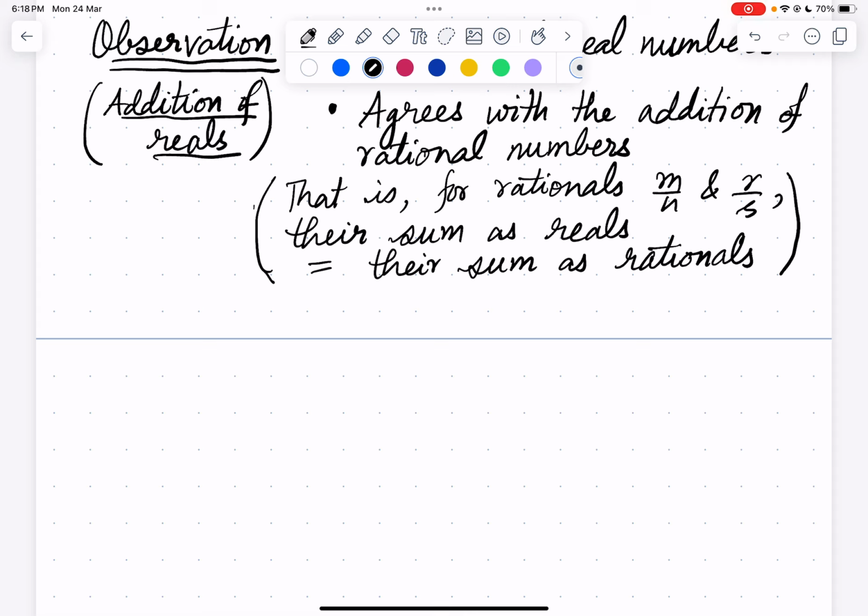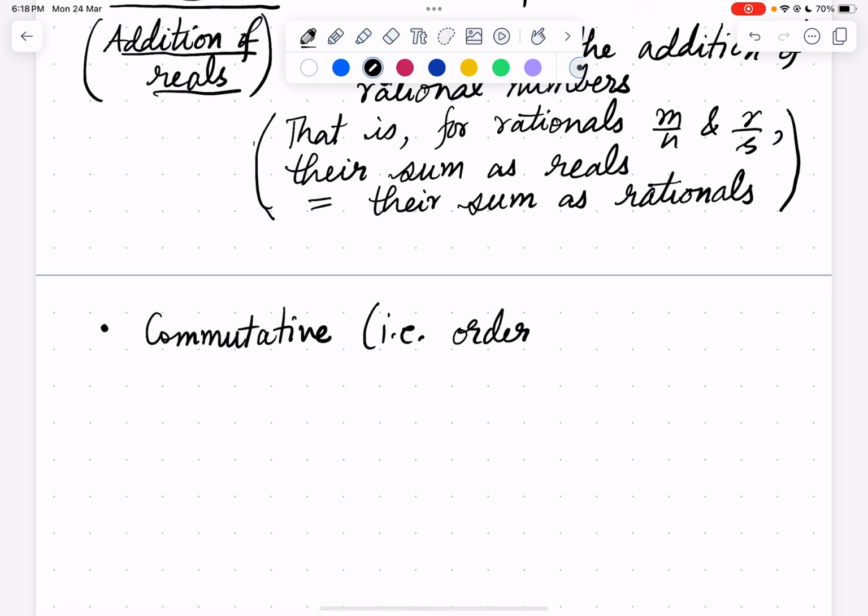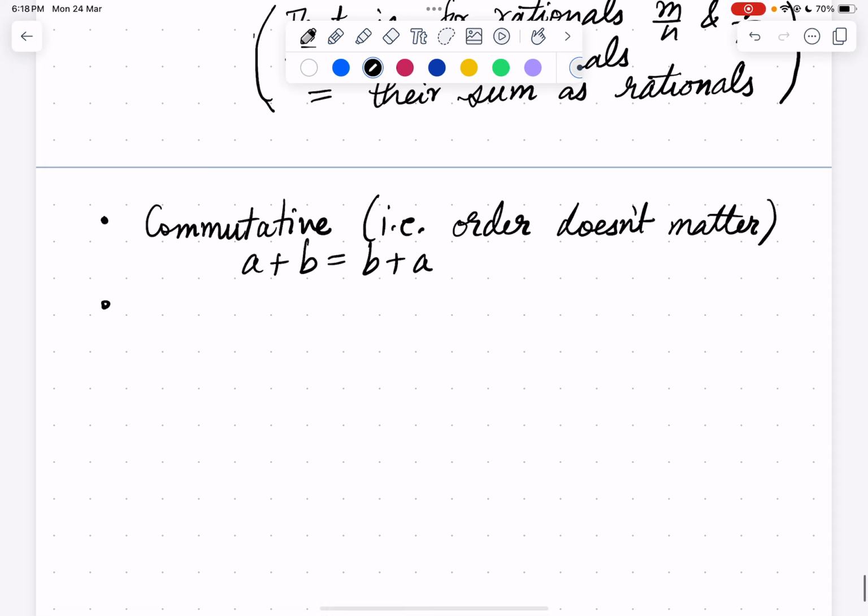So addition agrees with the addition of rational numbers, and the addition is commutative. Addition of real numbers, addition of points on the number line, is commutative. That is, order doesn't matter. A plus b is b plus a for any two real numbers a and b. Also, the addition of real numbers is associative. That is, grouping doesn't matter.